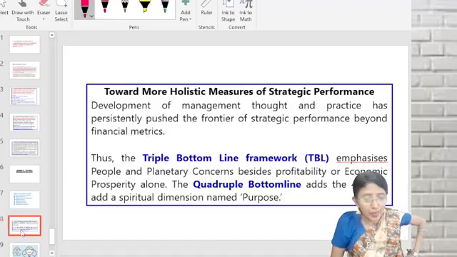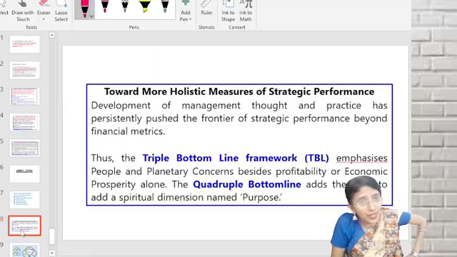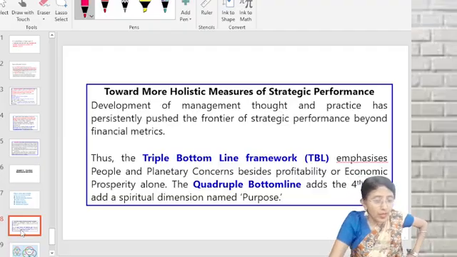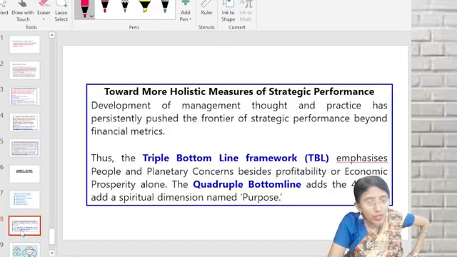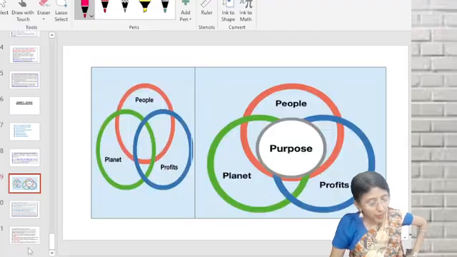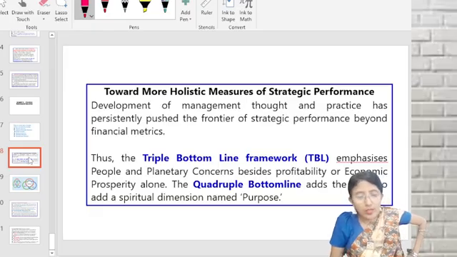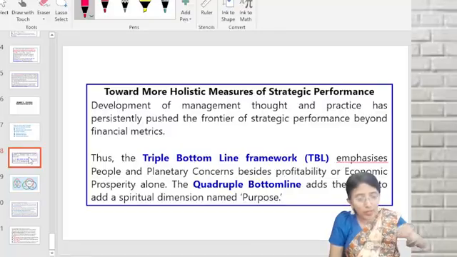Now you have a TBL framework. Again, this is also a framework. And where does it fit in? Under performance measures. If there is a framework question on performance measures, please remember it could be TBL or it could be quadruple bottom line. What is the triple? There are three important considerations there, which are people, planet, and profits. Please look at that. People, planet and profits. They are three important factors.